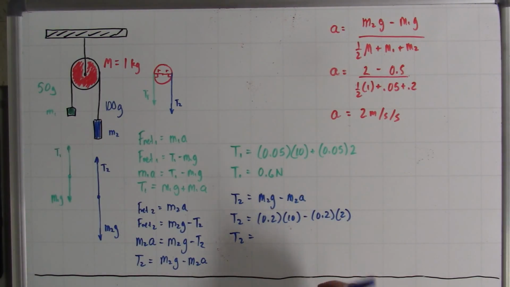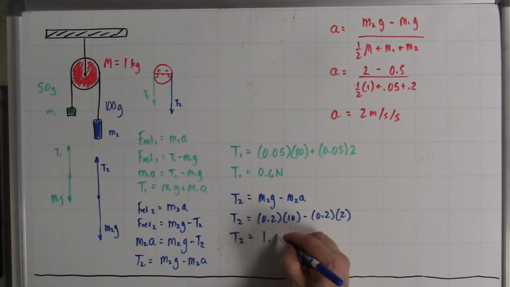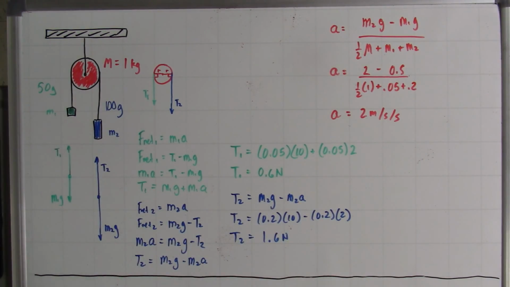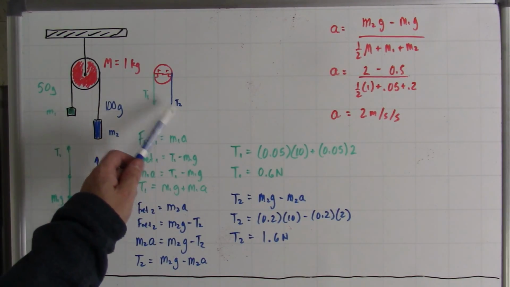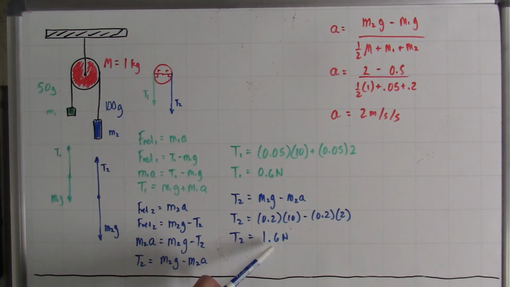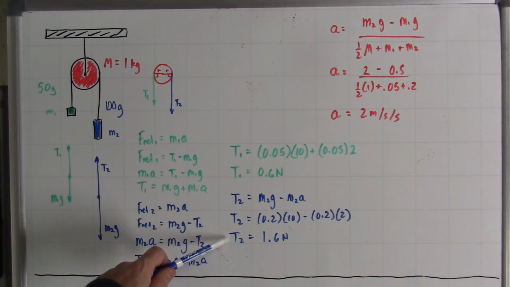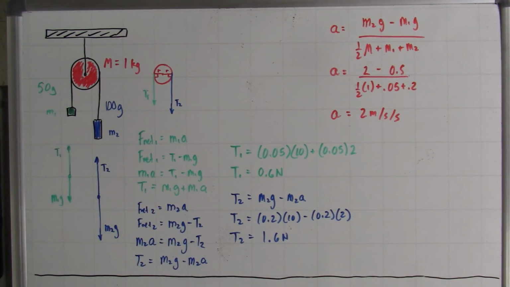So this is 2 minus 0.4, which is 1.6 newtons. I like this solution because in our conceptual framework, T2 had to be bigger than T1. And if T2 is bigger than T1, the whole thing should accelerate this way. And if you look at our problem, T2 is definitely bigger than T1.